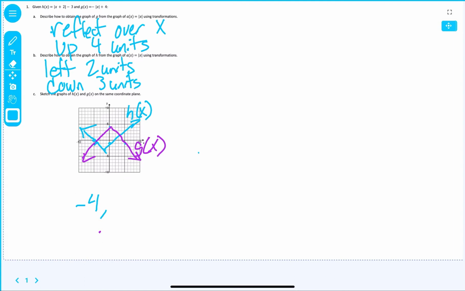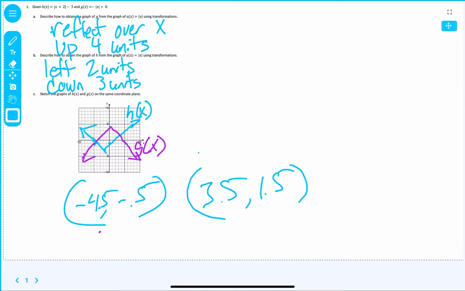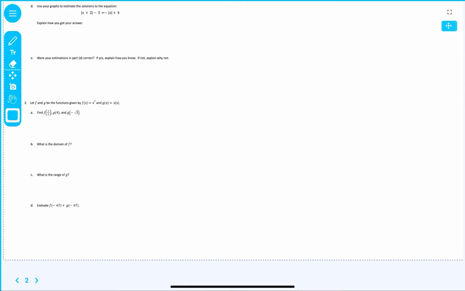Actually, it looks like it's a little past negative 4. So let's go negative 4.5, negative 0.5, something like that. And then if we come over here, it's going to be 1, 2, 3, 3.5, 1.5. Oh, wrote it on the wrong page. Somewhere like that.